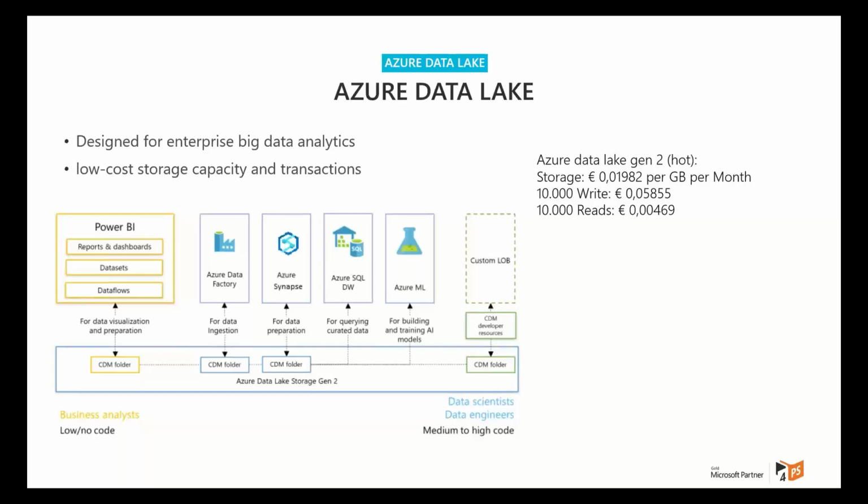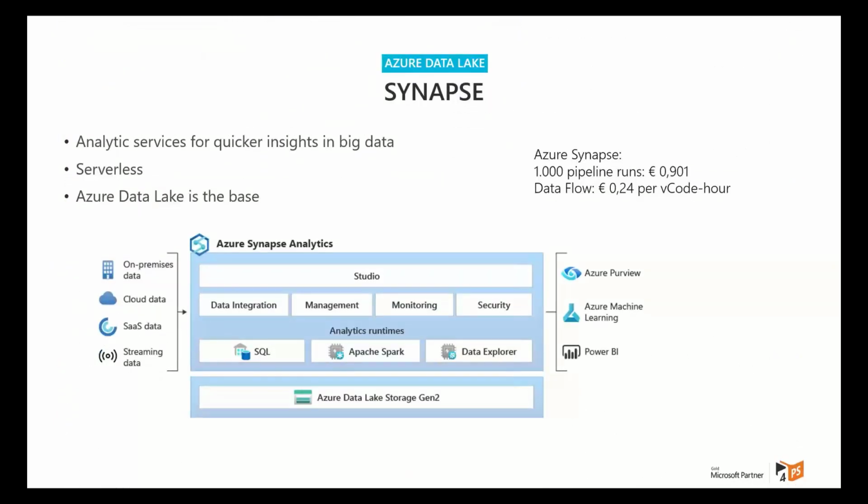And another component is your Azure Synapse. Especially with Azure Synapse, what you can do is have quicker insights in your big database. And also it is serverless, and the basis for that is your Azure Data Lake storage.